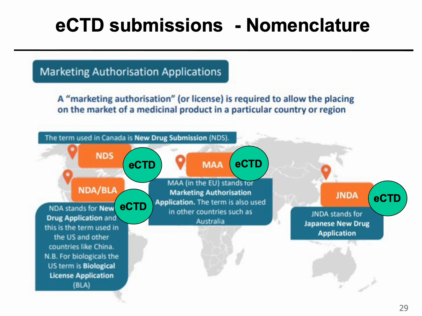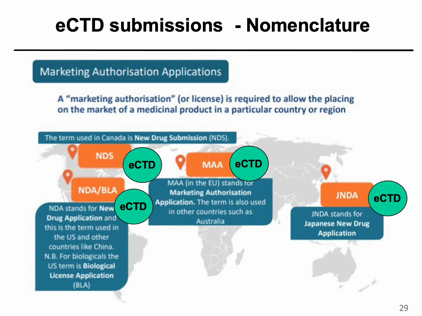Now here, let's go over the nomenclature, for example. NDA is New Drug Application. This is, again, for the US, and we submit our New Drug Application in eCTD format to FDA. We can also have BLA, or Biological License Application, that we also have to prepare using eCTD format, and we have to submit that to FDA.